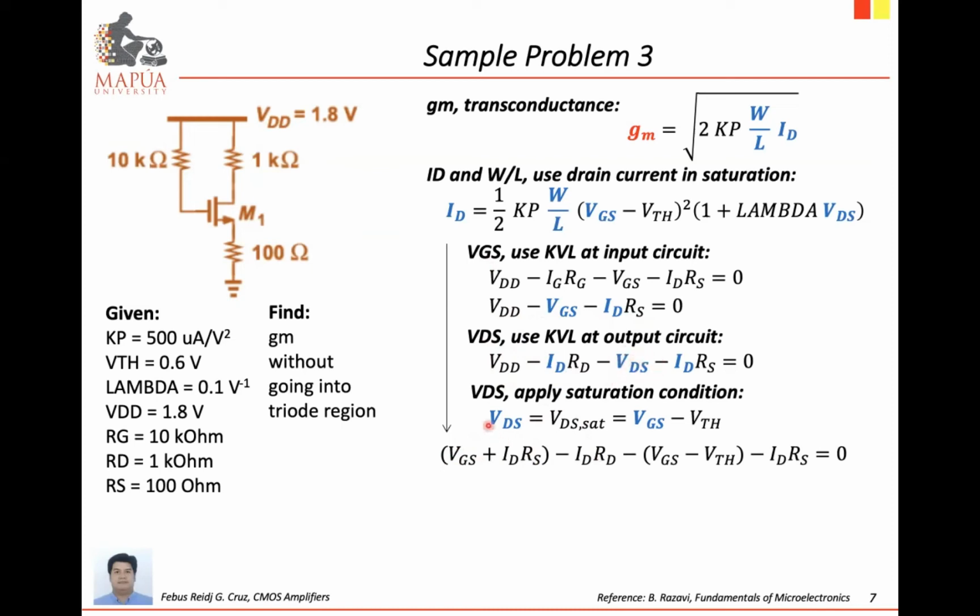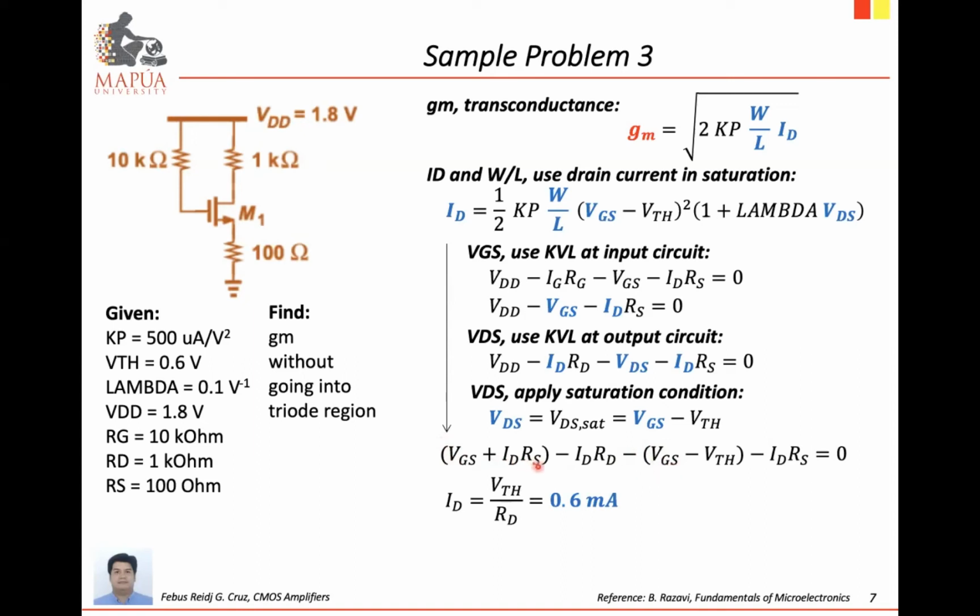So we use this description for the VDS. So VDS is VGS minus VTH, then minus IDRS. So from here, we can simplify. VGS gets eliminated: VGS minus VGS cancelled.